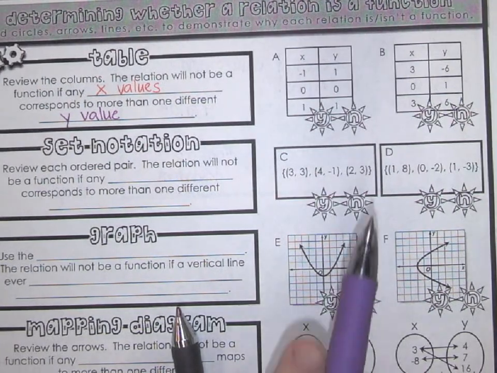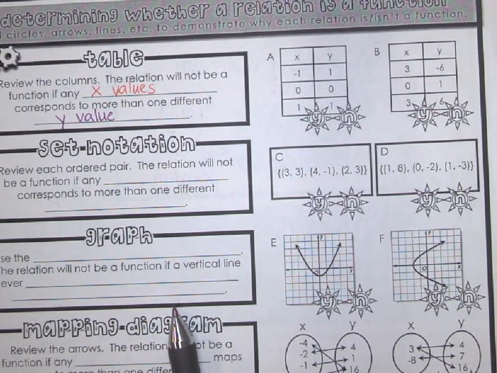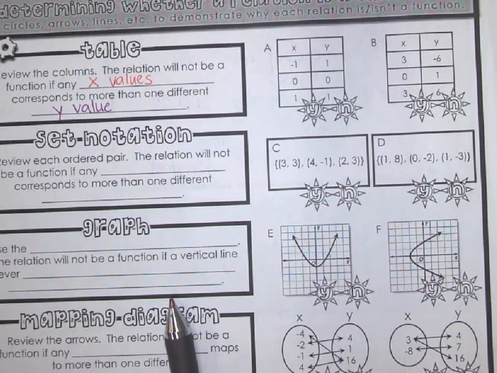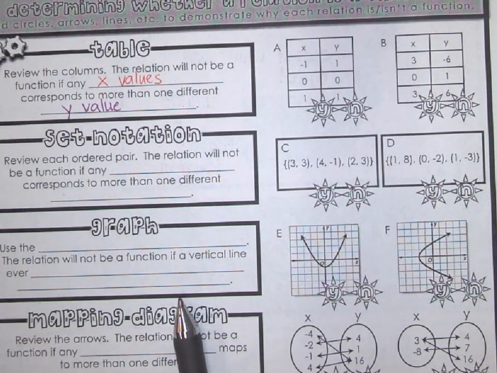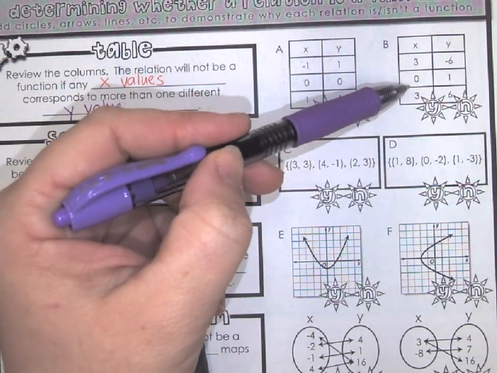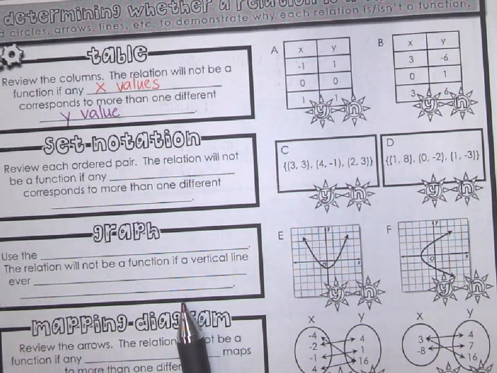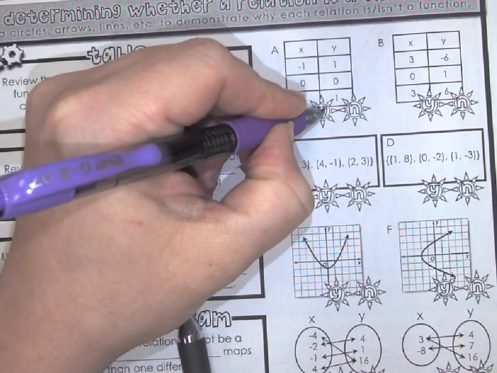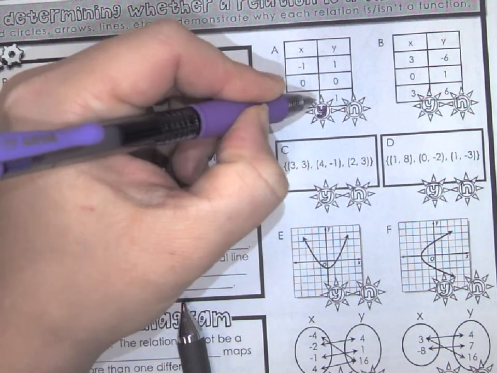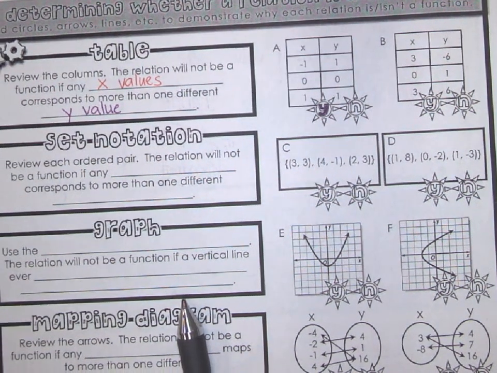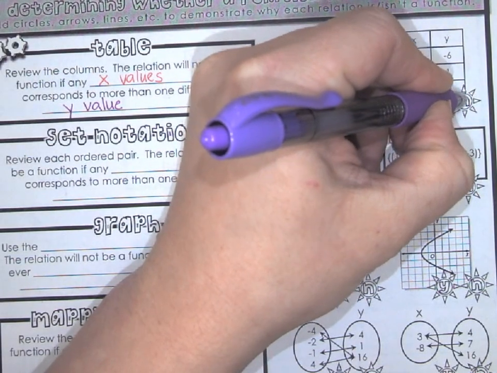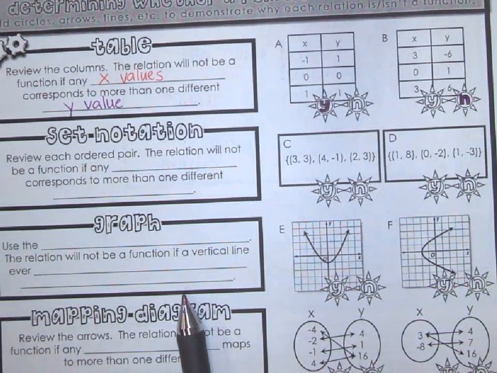Then you have two examples here, A and B. In A, check and see, do any of your x values repeat? And in B, do any of the x values repeat? In A, the x values do not repeat. This is a function. In B, the x values do repeat, so this is not a function. So the x values repeat and have a different y value.